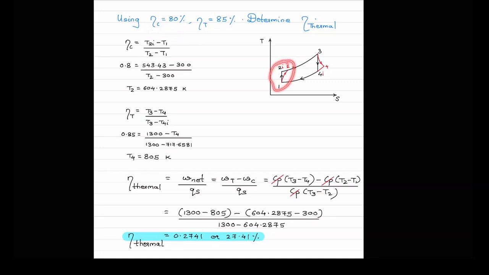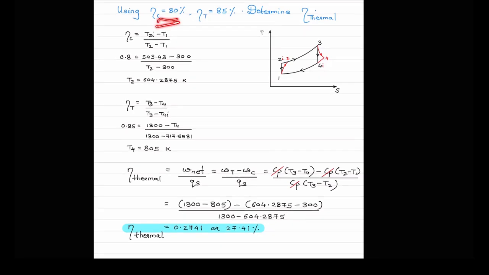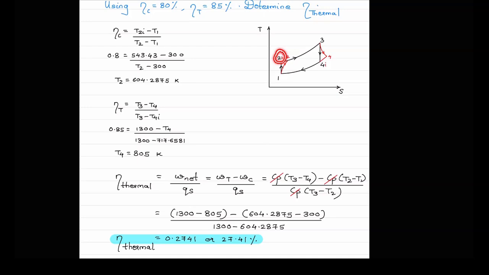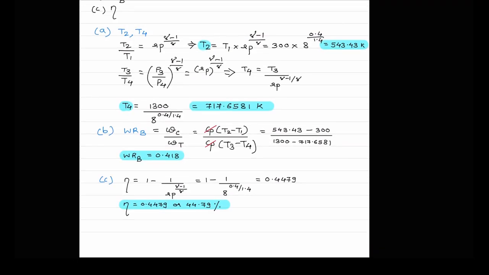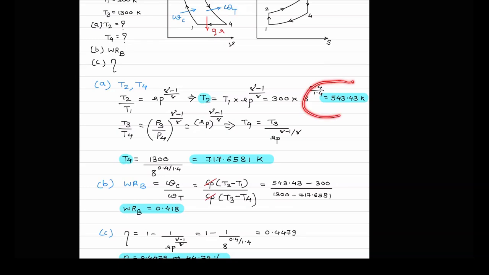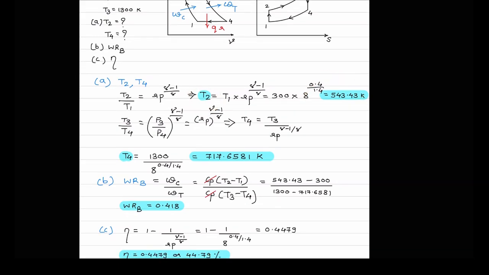The isentropic efficiency of the compressor is given as 80 and turbine efficiency is given as 85. So we have already found the T2i and T4i values, which we calculated over here.